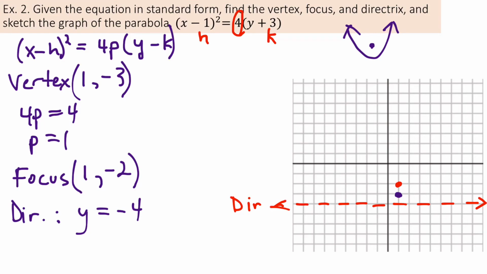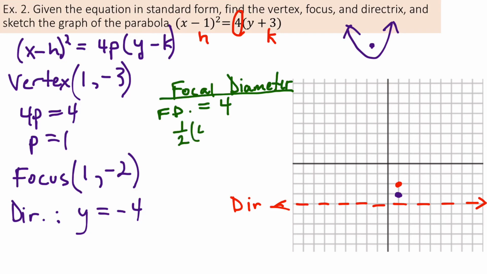So before we draw it in, let's get 2 more points on the focal diameter. So my focal diameter is 4. The length of my focal diameter is 4. So half of 4 is 2, of course. So starting at my focus, so here's my focus right here.